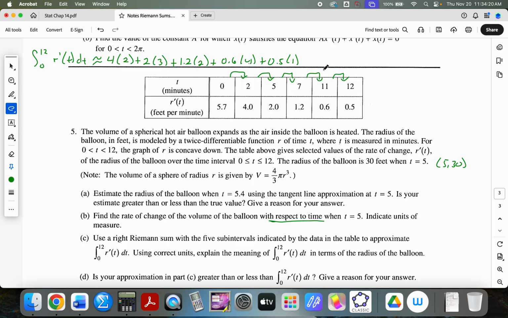Again, this is a free response question. There is zero need for you to calculate what this value is. Okay, you should put units on it though. And here we're multiplying feet per minute times minutes, so that's got to be feet.